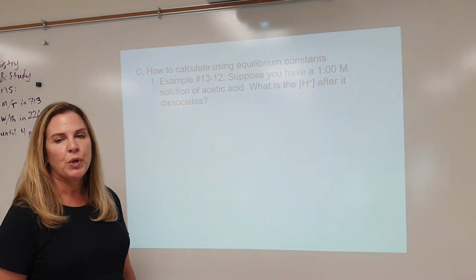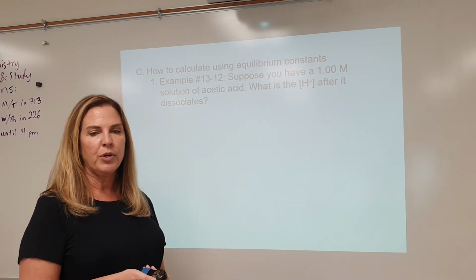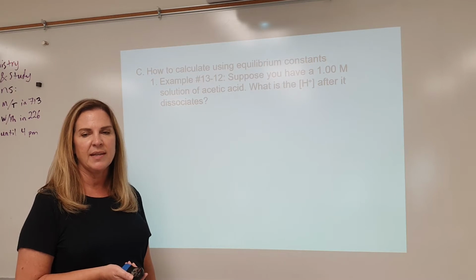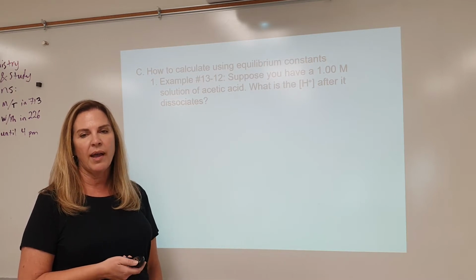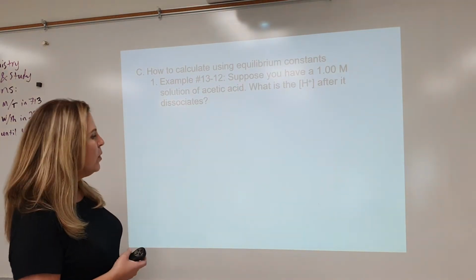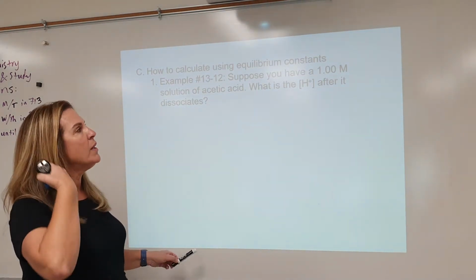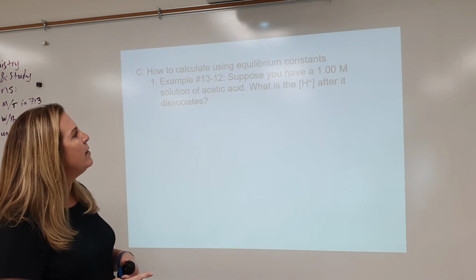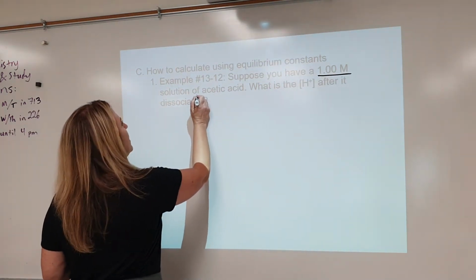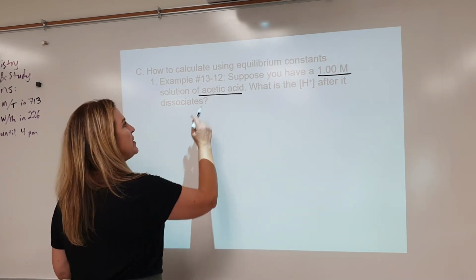All right, well, let's try a problem. So we have example 13-12. It says, suppose you have a 1 molar solution of acetic acid. What is the hydrogen ion concentration after it dissociates? Well, as with any problem, you want to look at what it is you have been given. So we have been given 1 molar acetic acid. Now you want to stop here.